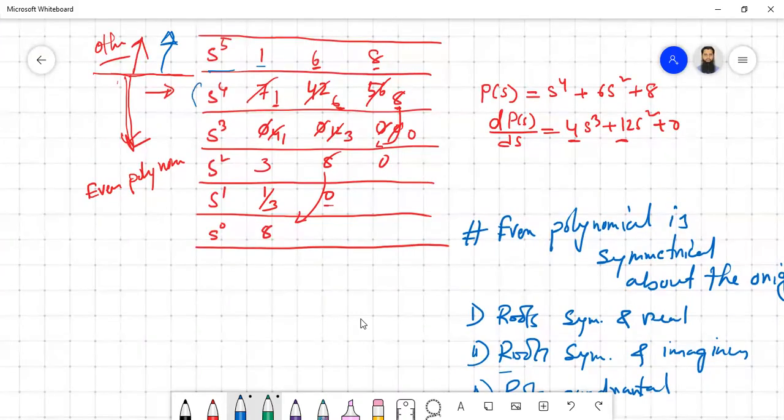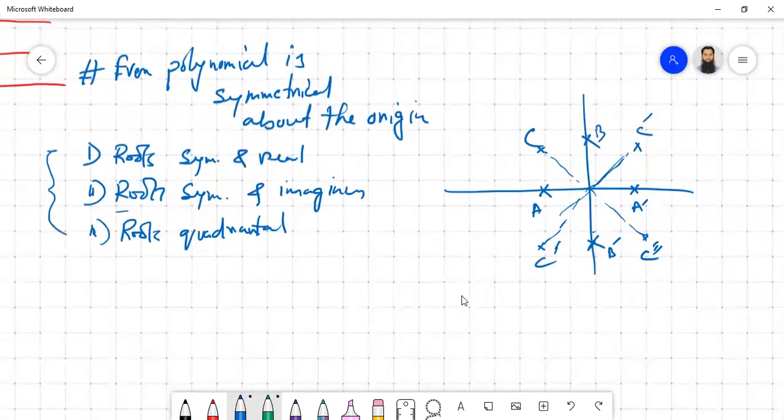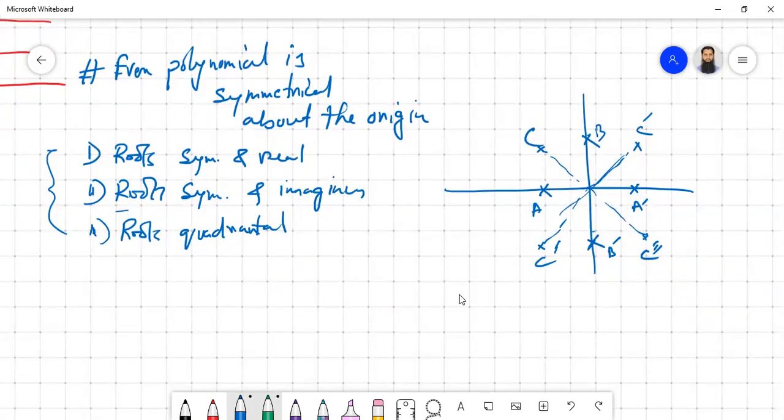Now, what about the even polynomial? In the even polynomial, there are only 3 cases possible. In 2 of the cases, the roots will be in the right half plane, in A and C. In A, as you can see, one pole is in the right, one pole is in the left.